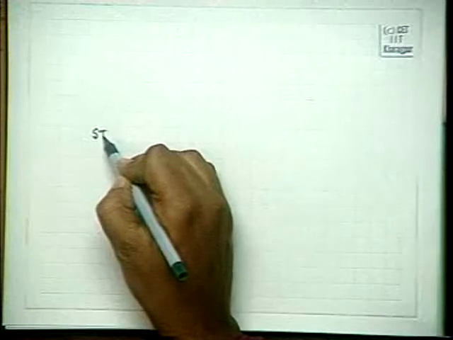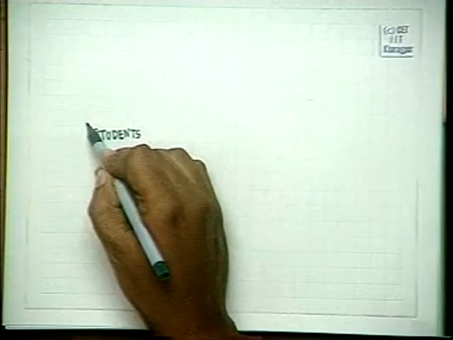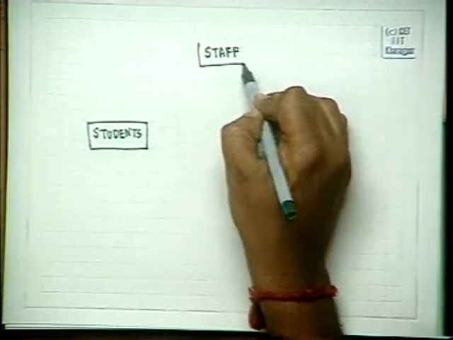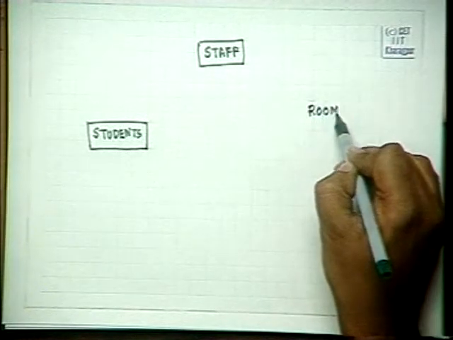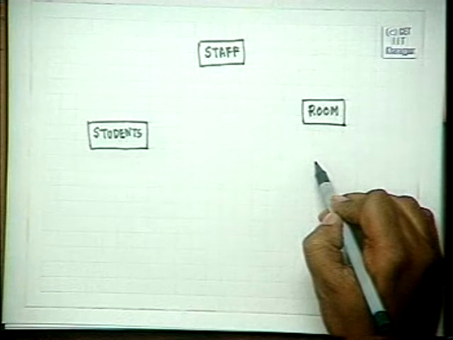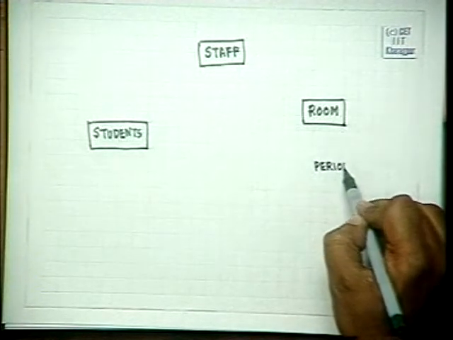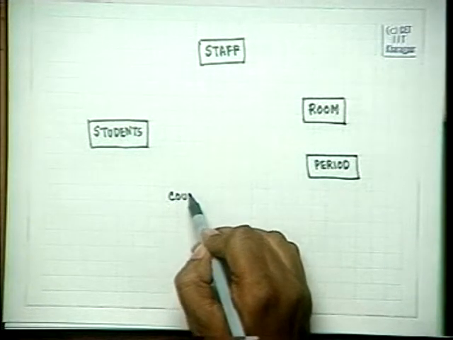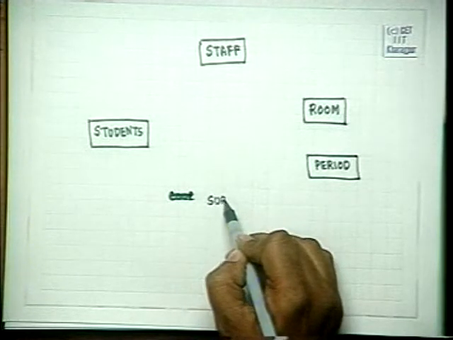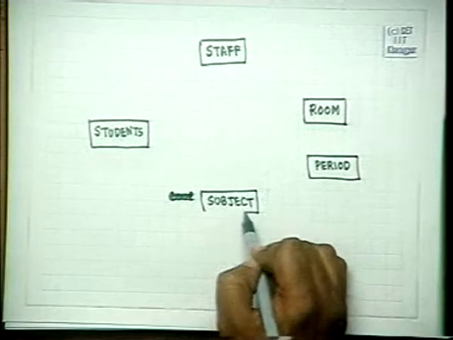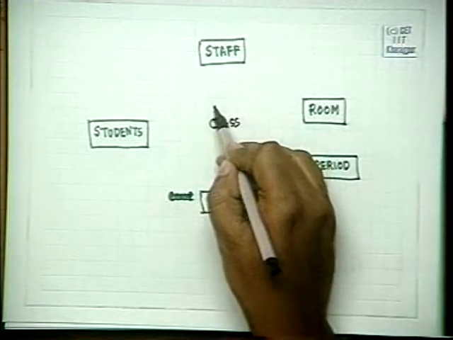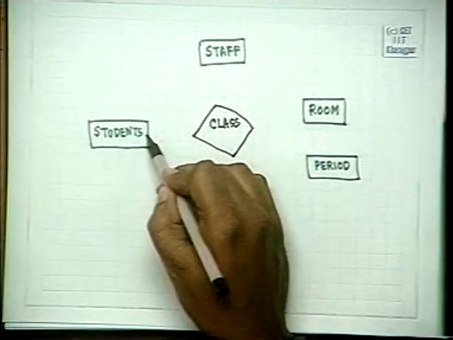institute where you have got students, staff, room, period, subject, and you have got this relationship called class, because for a particular class you will need students.